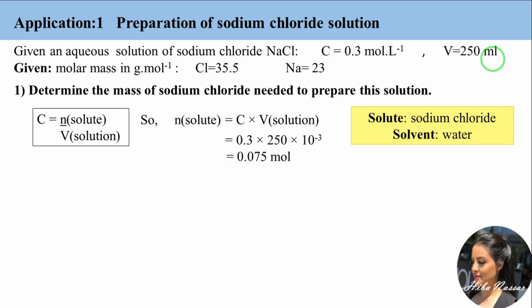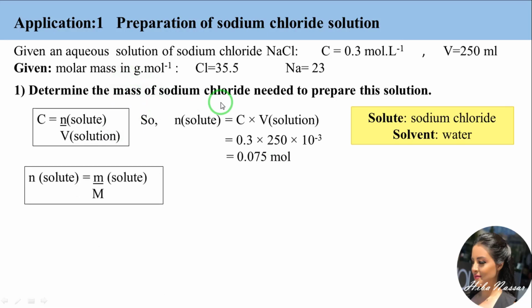So by substituting the numbers here, we find that the number of mole for solute, which means the number of mole for sodium chloride, is equal to 0.075 mole. Now, you need to calculate the mass of sodium chloride, so we are going to use the second formula here.